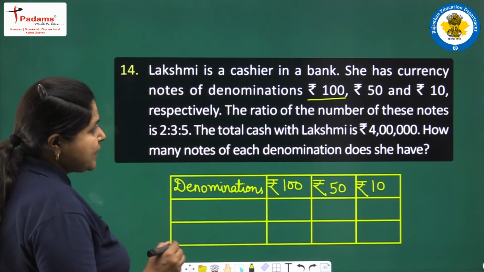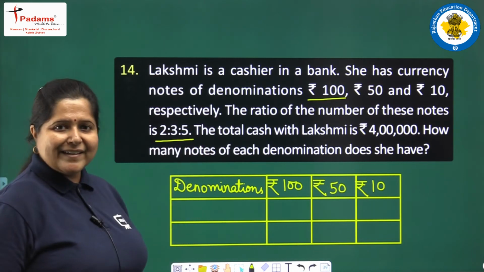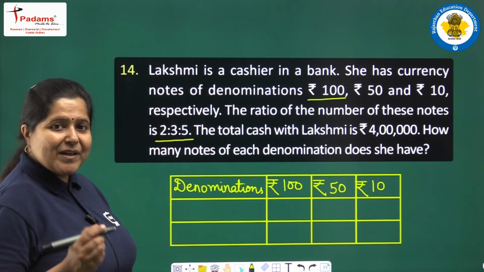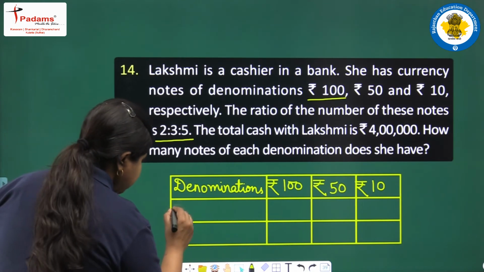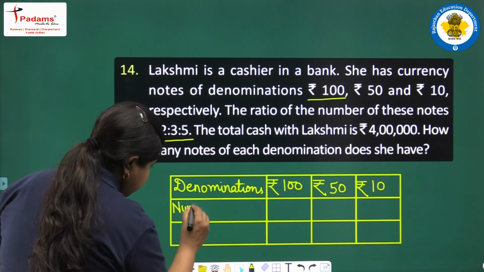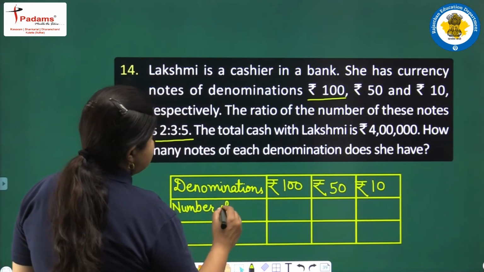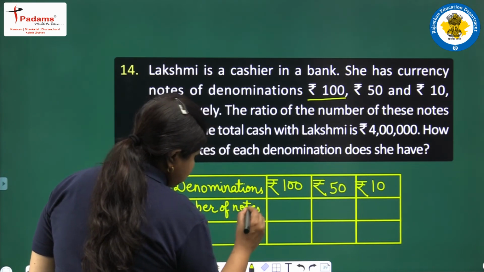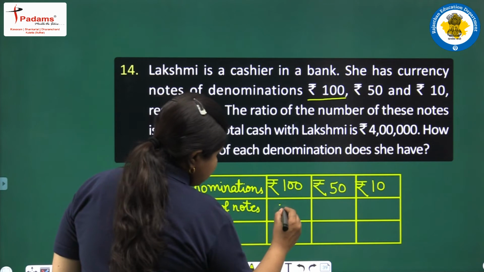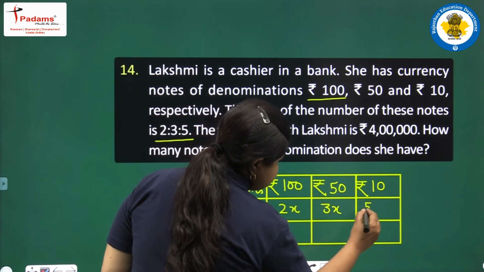The ratio of the number of these notes is 2:3:5. Again a ratio, and yes, the numbers will be 2x, 3x and 5x. So we can write the number of notes. We can assume the number of notes to be 2x, 3x and 5x.